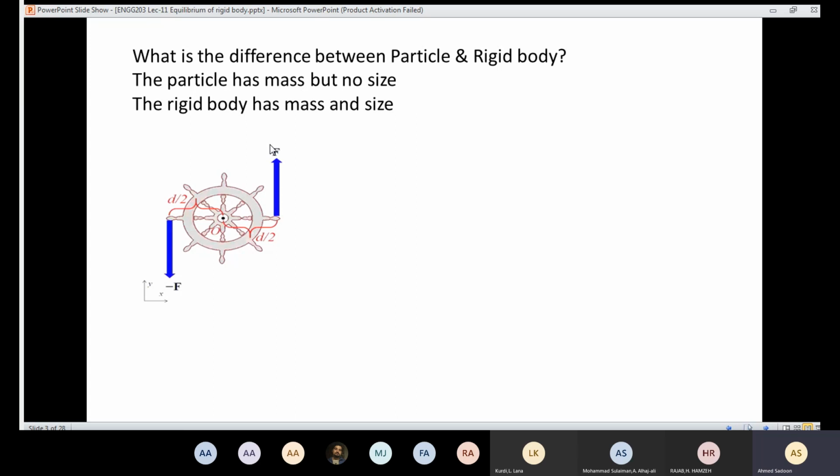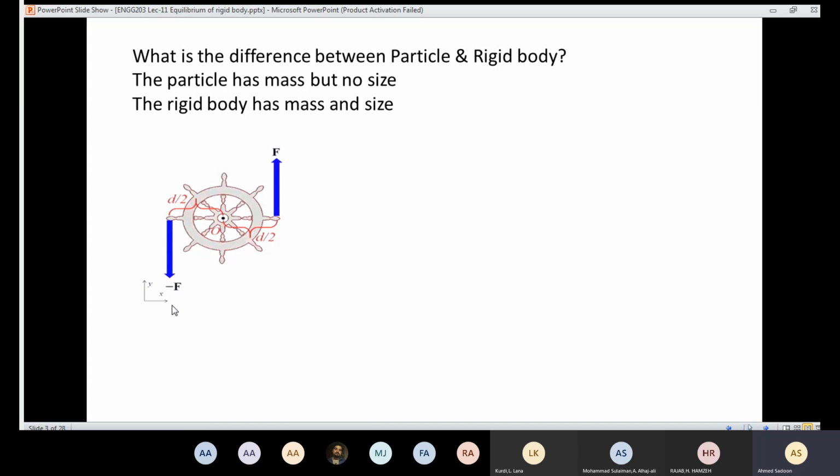So even though the summation of the forces equals 0, I'm going to have a moment. And we call this case a couple moment. The couple moment, when I have parallel forces, so that force here is parallel to that force. And they have the same magnitude, but the direction is opposite. So the direction of that one is different from that one, even though the magnitude of the force here is F and here is F.